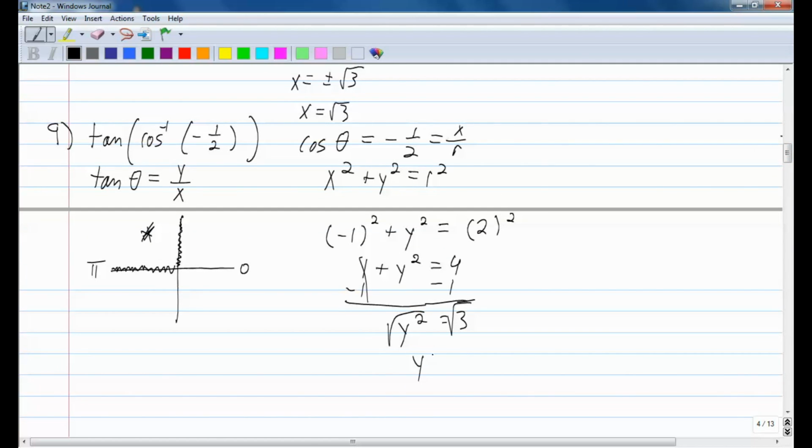So y is equal to plus or minus the square root of 3. Since we're in the second quadrant, we want the positive. So we want y equals positive square root of 3. Alright, so tangent is going to be equal to a positive square root of 3 divided by a negative 1. That's going to be negative square root of 3.